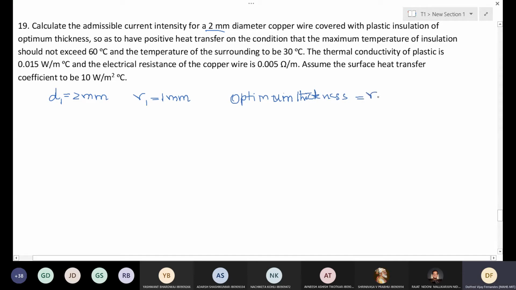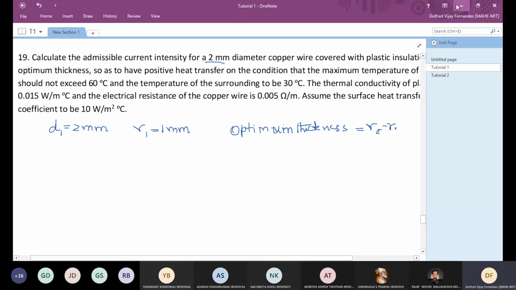There is RC minus R1. Maybe because of internet or some issue here. So maybe you could try writing in Paint. Yeah, maybe I will try with that.